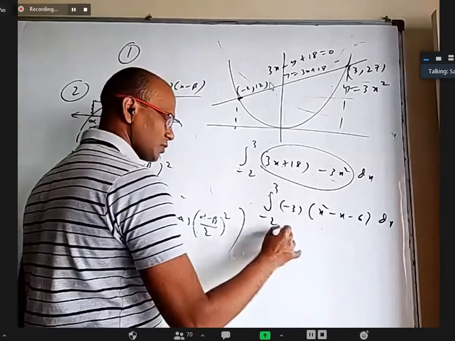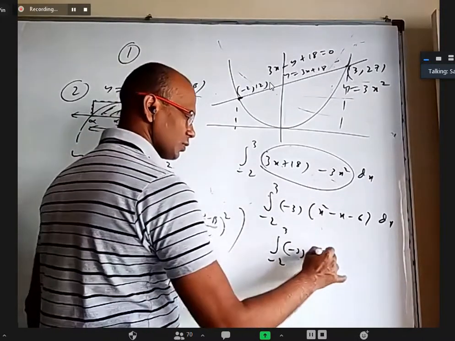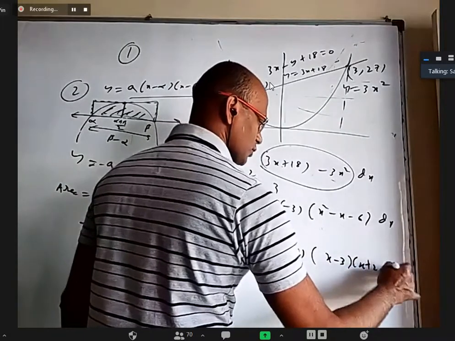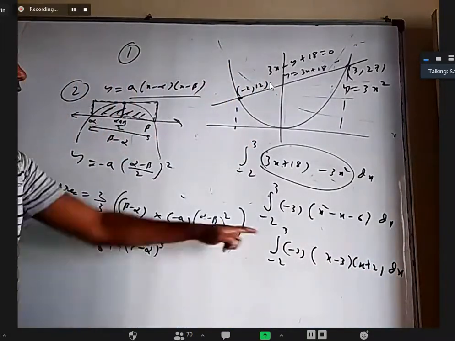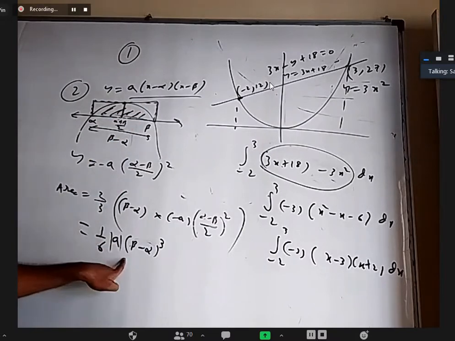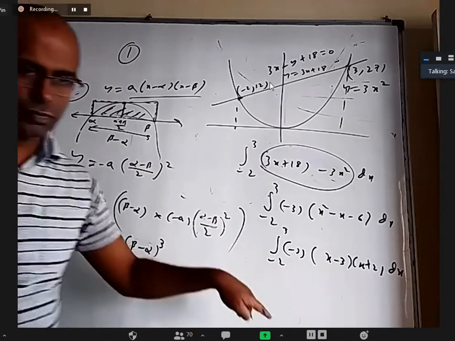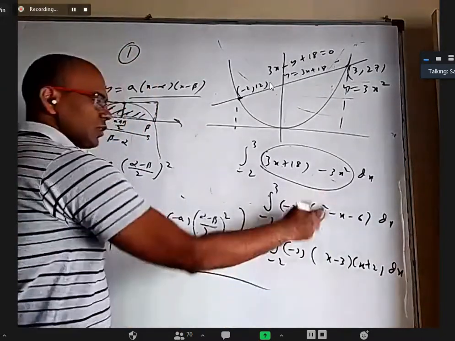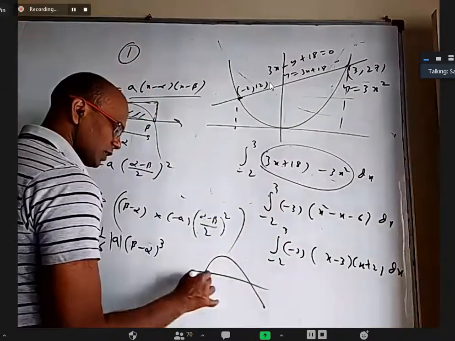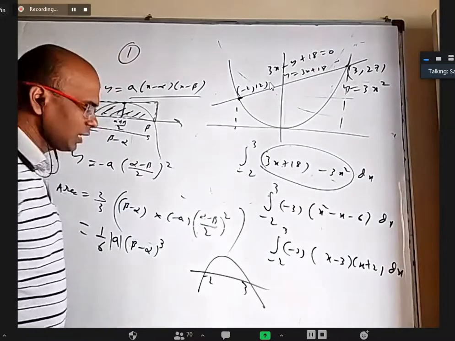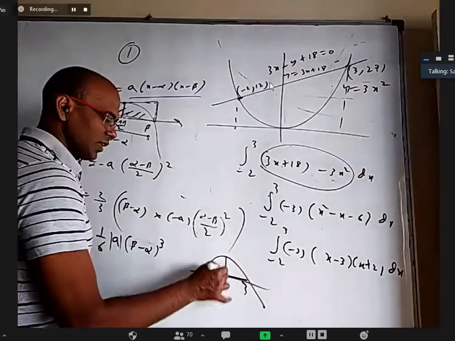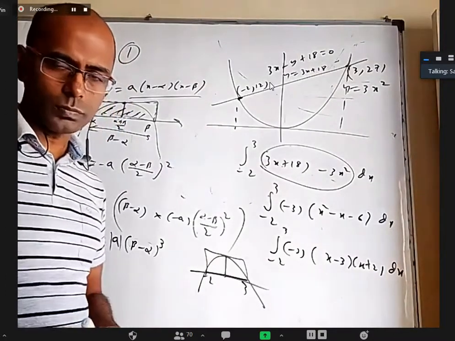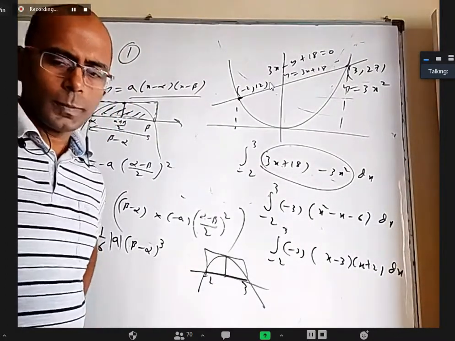It is integral minus 2 to 3 of minus 3 into x minus 3 into x plus 2 dx. So now we can use this formula, 1/6 of a into beta minus alpha whole cube, or draw the graph of this. Without doubt, the graph of this will be like this. This is minus 2, this is 3, and then find this width and this height, and then 2/3 of this rectangle. That's what I'm saying. Is the method clear to you now? Yes, sir.